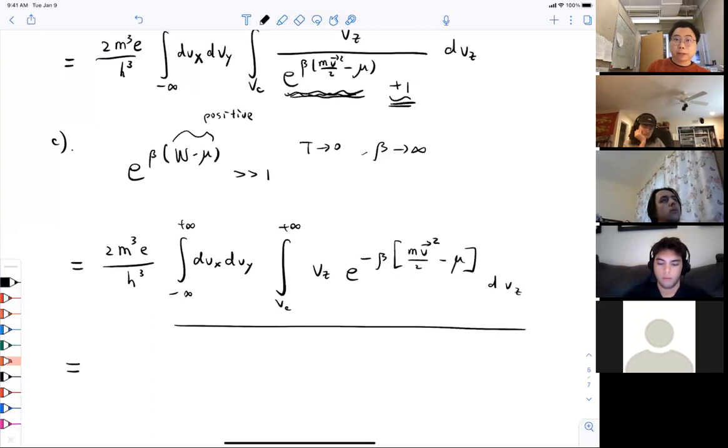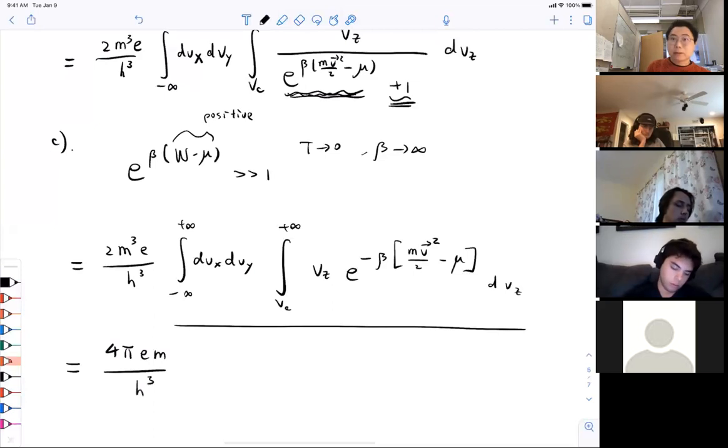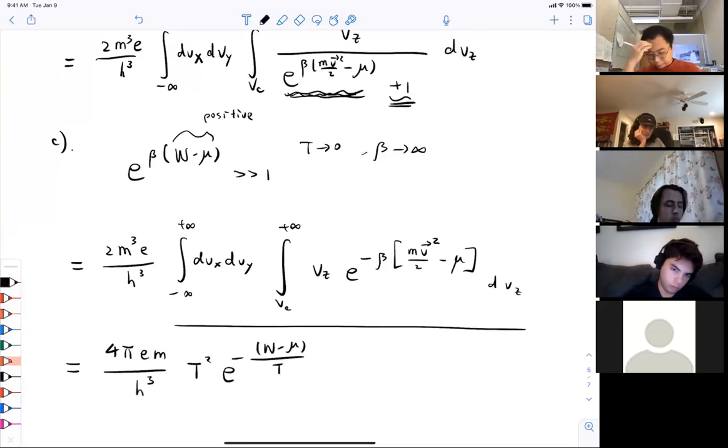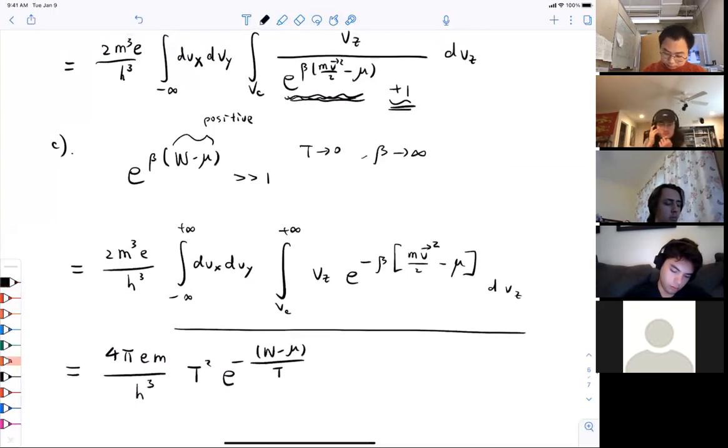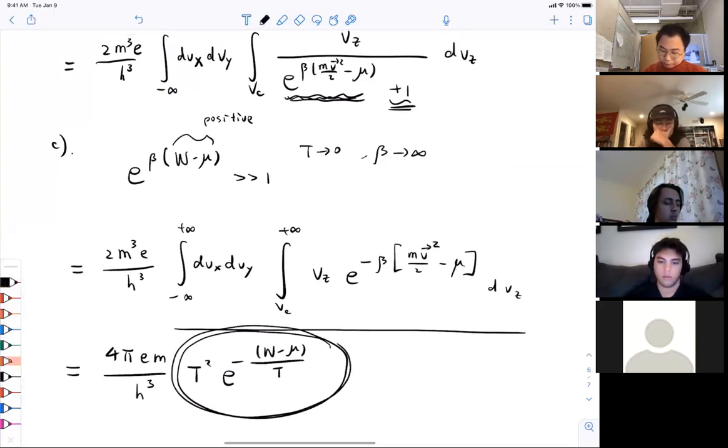So eventually you would get 4 pi e m over some factor. So the temperature dependence for the current is like this: T squared times exponential of minus some energy divided by KBT.